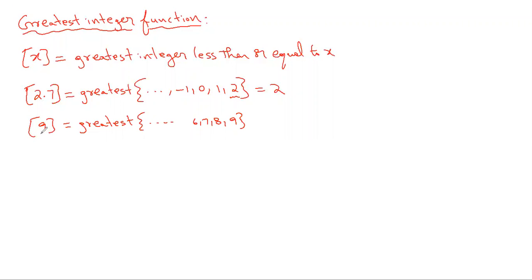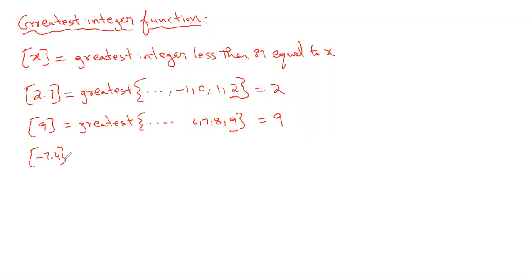But in the case of 9, you can include 8 and even 9 also, because 9 itself is an integer and it is equal to it. So now the greatest among those is 9, right?